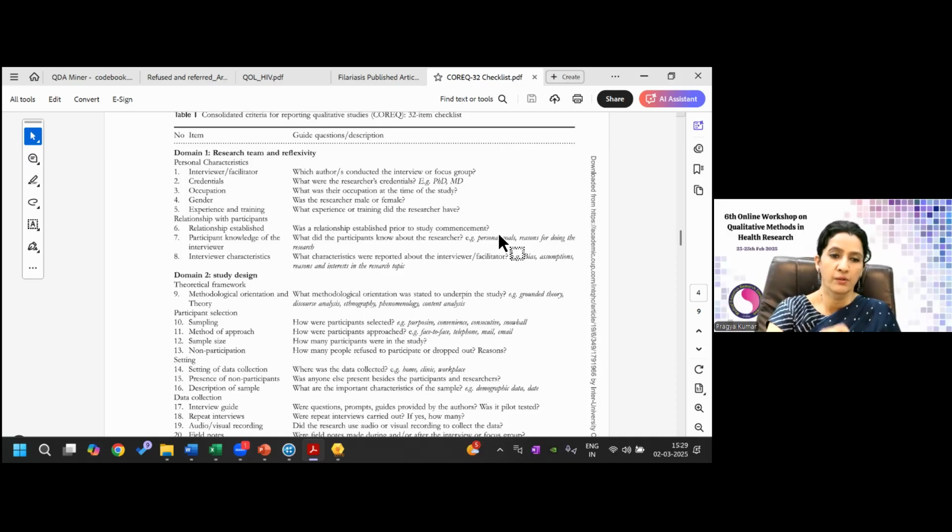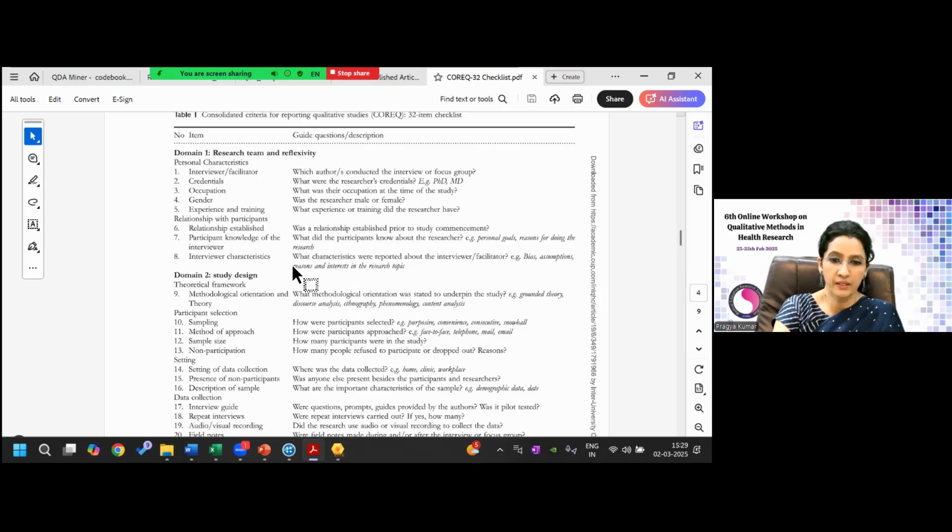Ajay. So you can see, like we have discussed this before also, that you have to mention these things: who conducted the interview, and what the credentials are. That is all self-explanatory. Relationship established is also important, because this tells again about the bias.